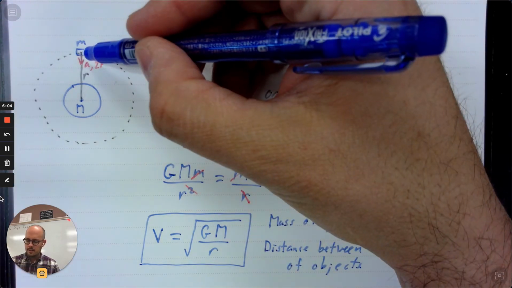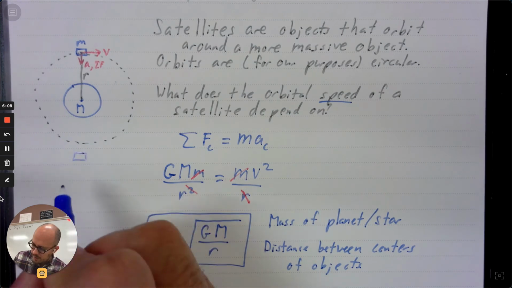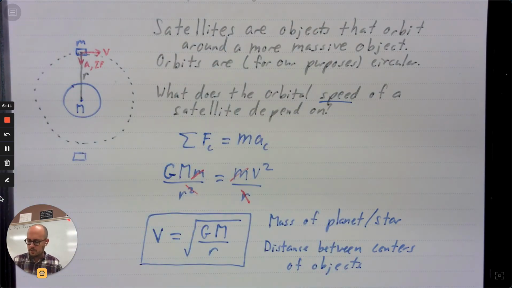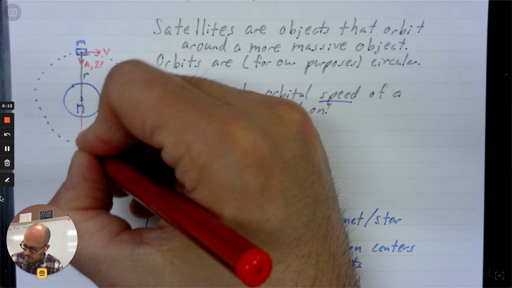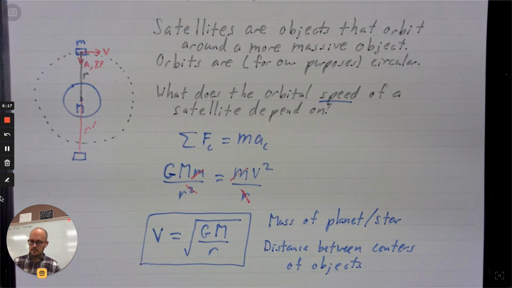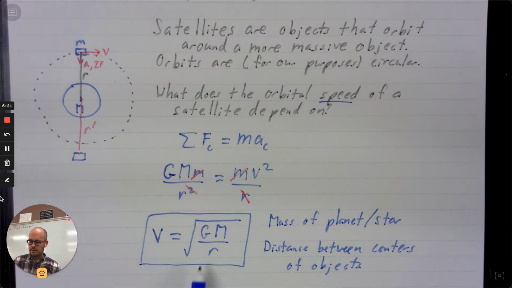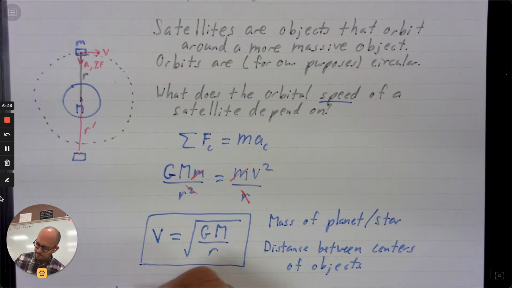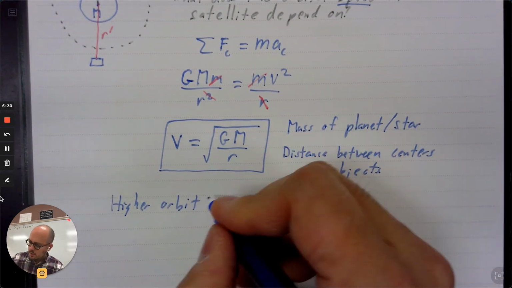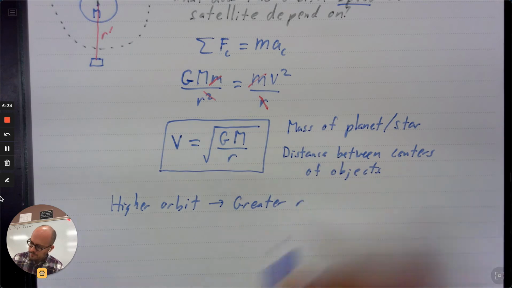If we think about this satellite, very quickly using just this equation, if I wanted to take this satellite and bring it to a greater height orbit, so take it to this r prime, this is now a greater value of r, a greater orbital distance. According to this equation, a higher orbit means a greater value of r.